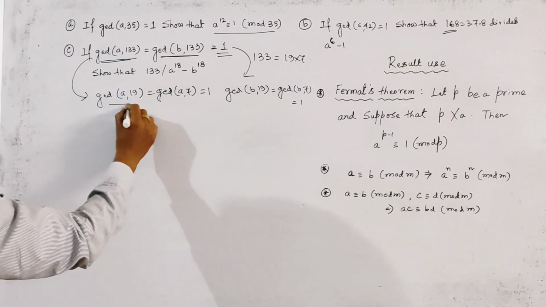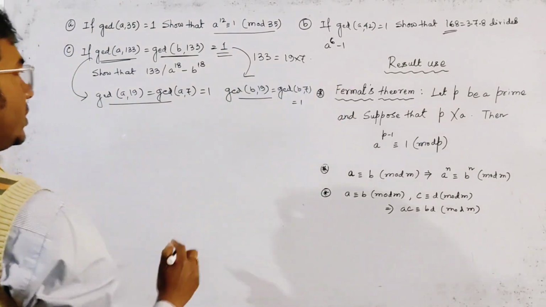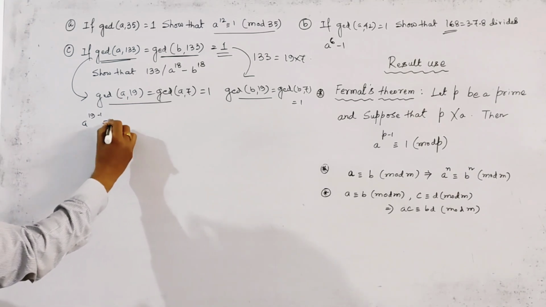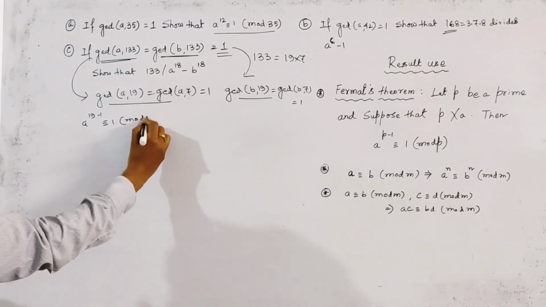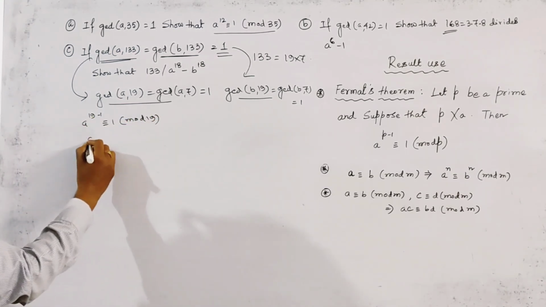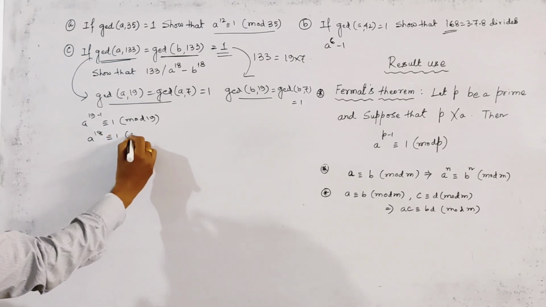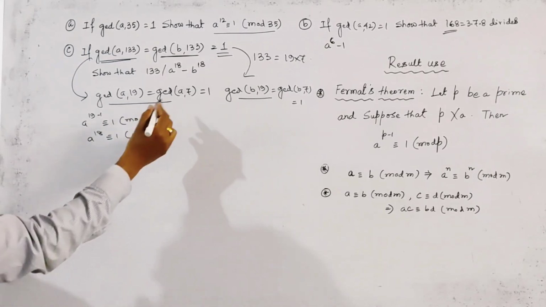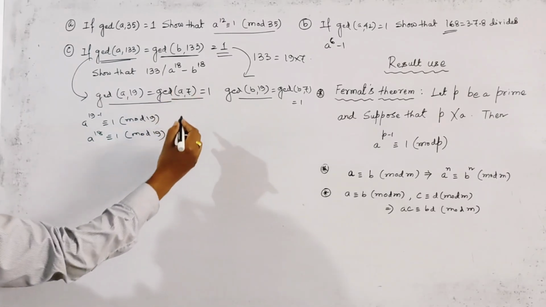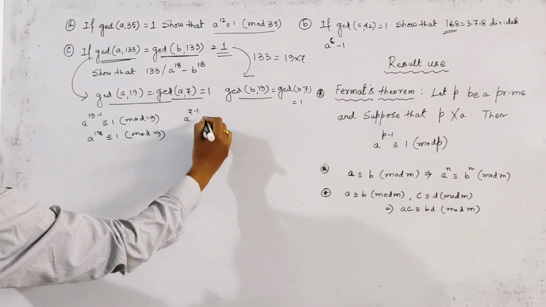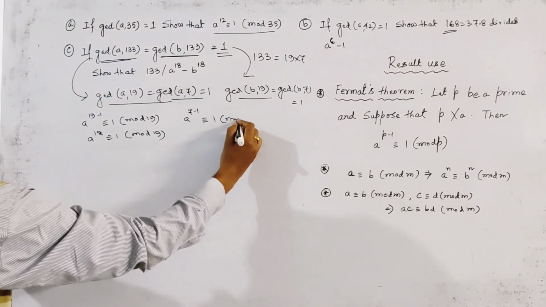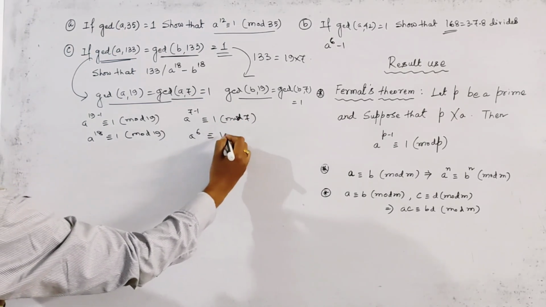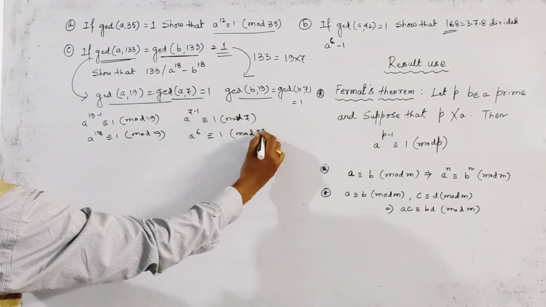Now using Fermat's theorem, we can write a to the power 19 minus 1 congruent to 1 mod 19, that is a to the power 18 congruent to 1 mod 19. Similarly, we get a to the power 7 minus 1 congruent to 1 mod 7, and this is a to the power 6 congruent to 1 mod 7.